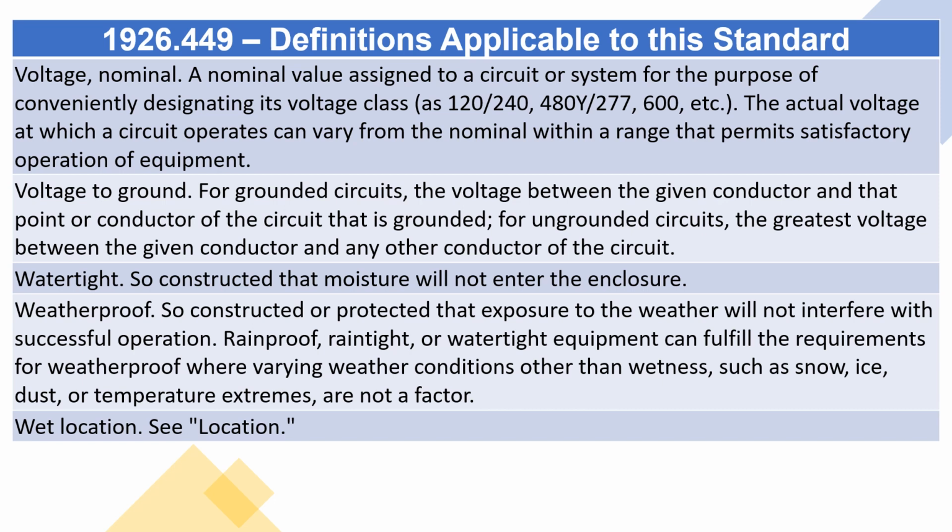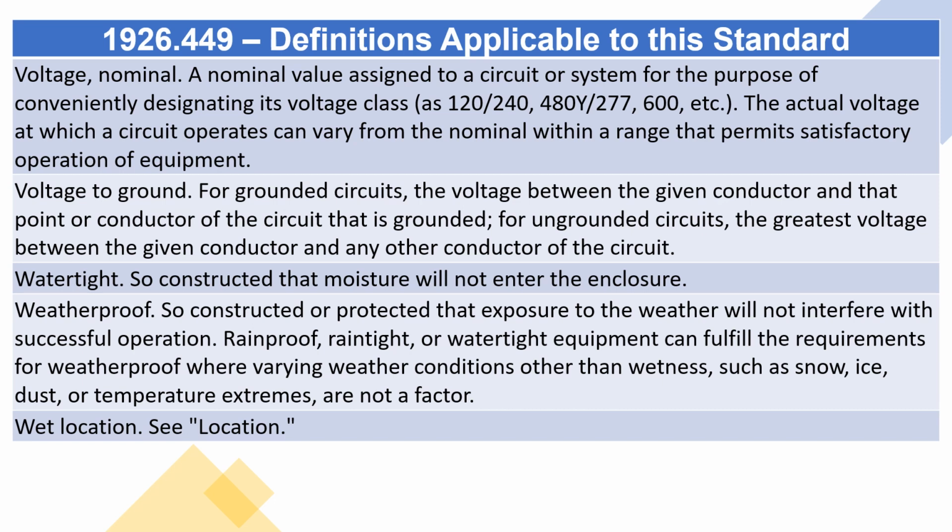The actual voltage at which a circuit operates can vary from the nominal within a range that permits satisfactory operation of equipment. Voltage to ground. For grounded circuits, the voltage between the given conductor and that point or conductor of the circuit that is grounded. For ungrounded circuits, the greatest voltage between the given conductor and any other conductor of the circuit. Watertight.